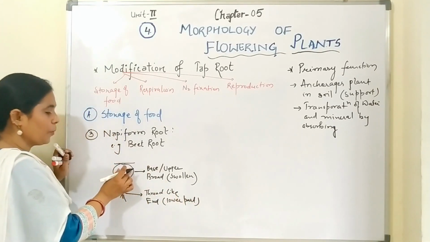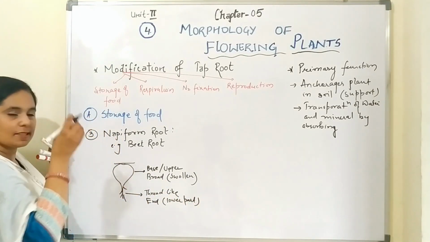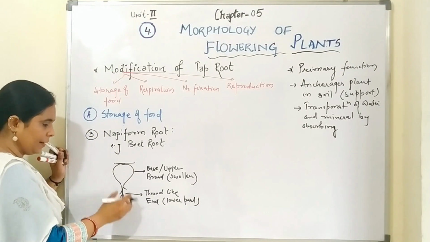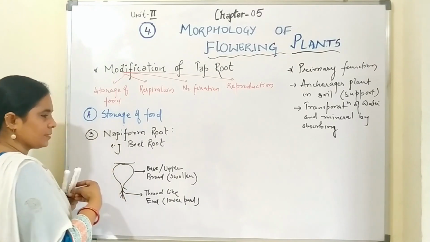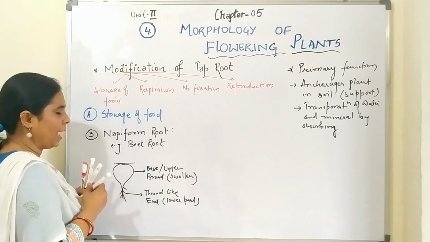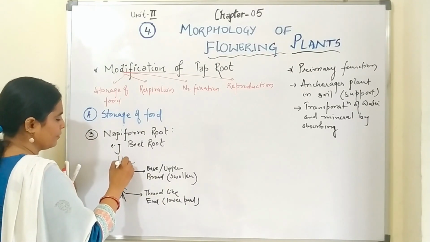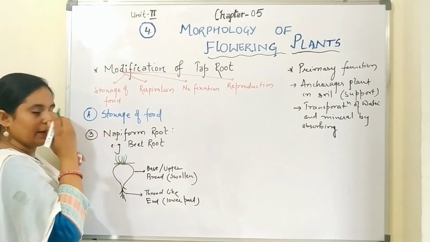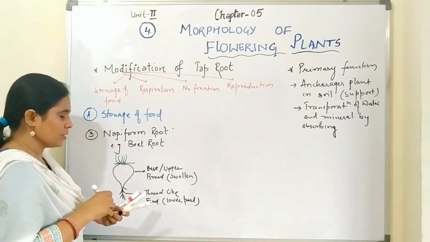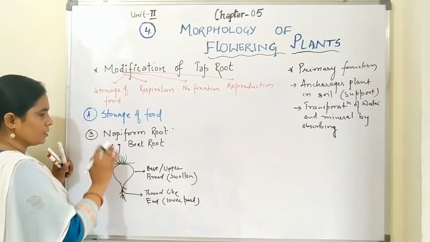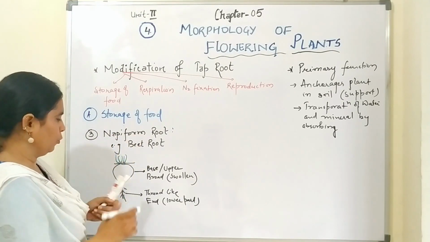So the upper part is broad and it suddenly tapers towards the end, and from this you will see secondary roots coming, the same as you have seen in carrot and radish. It will also have the radical leaves and the condensed or reduced stem. This is the example of napiform root.